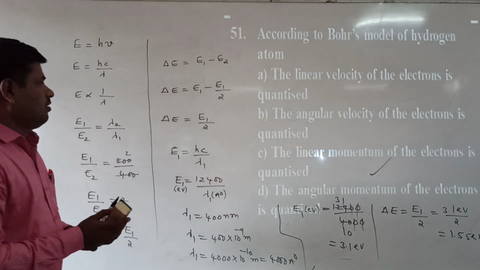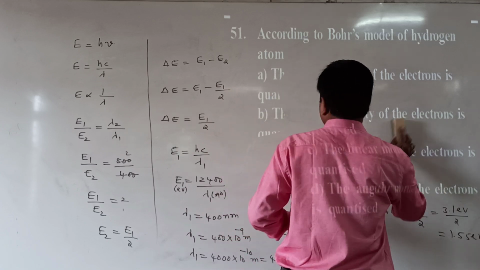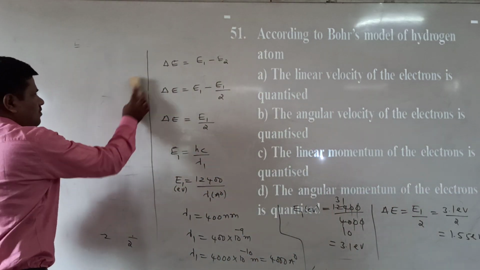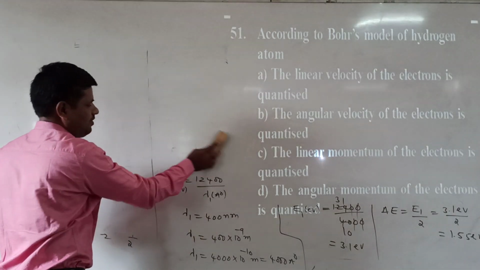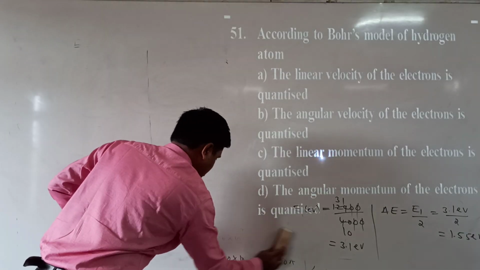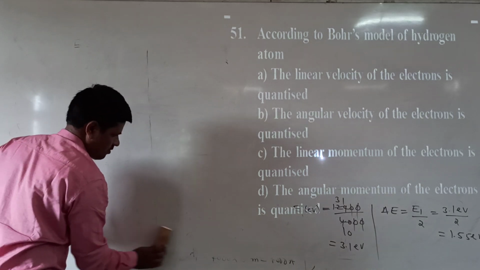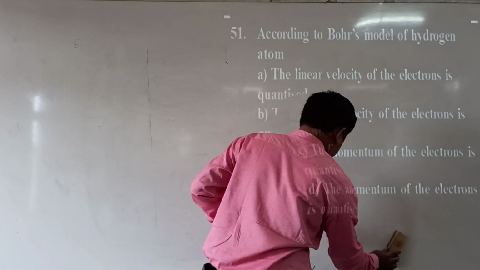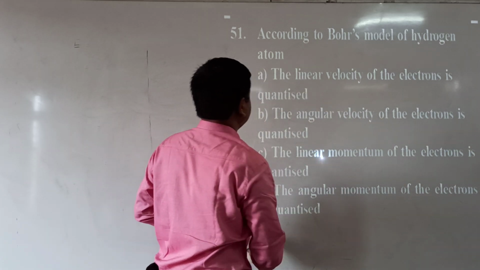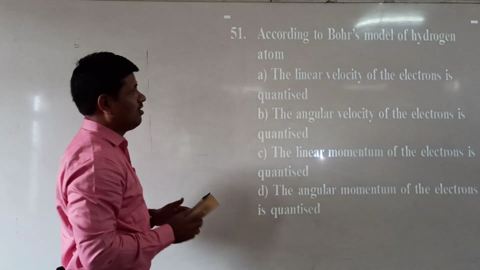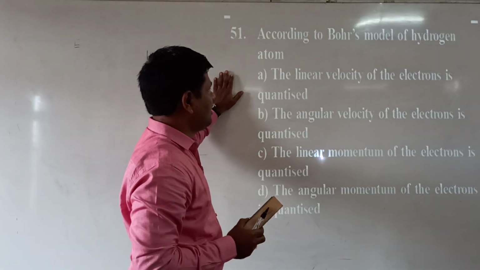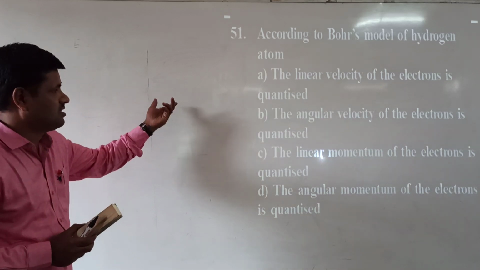Next we come to question number 51. What is question number 51? See here. According to the Bohr's model of hydrogen atom, the linear velocity of the electron is quantized. This is not correct.